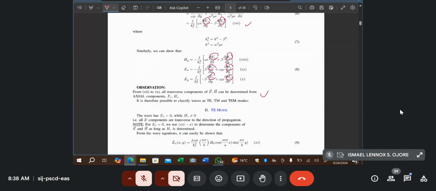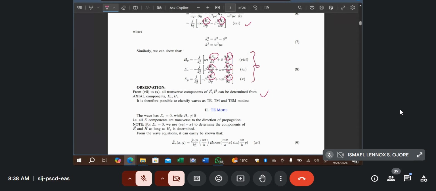So for TE mode, we can now look at TE mode. As I said, you are not going to be asked to derive this. It's just for illustration. So if you have a TE mode, we know that the wave has Ez equal to 0, but Hz is not equal to 0. So the E components are transverse to the direction of the propagation. So long as you have Hz, look at these ones here.